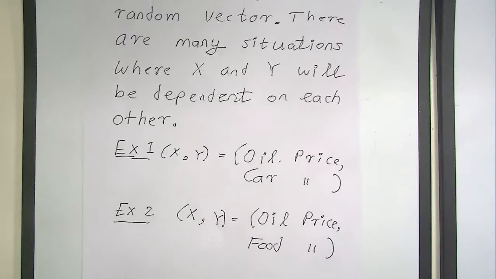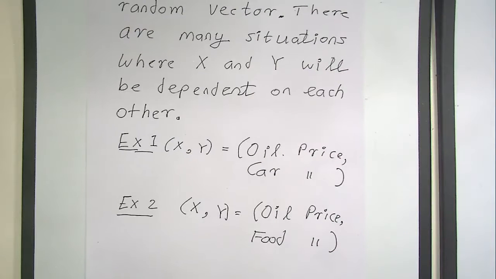These are just two examples where a change in one variable will affect the other. If the oil price goes up, the food price will go up, and similarly, if the oil price goes up, the price of a car will also go up. In these two examples, clearly the two variables are highly dependent on each other.